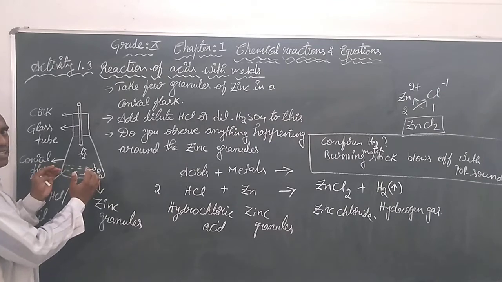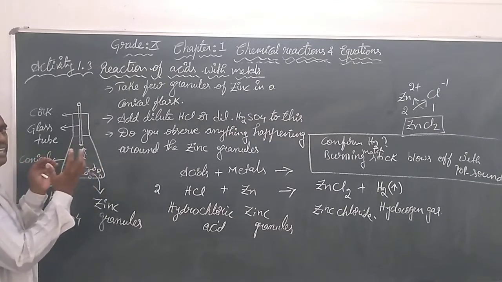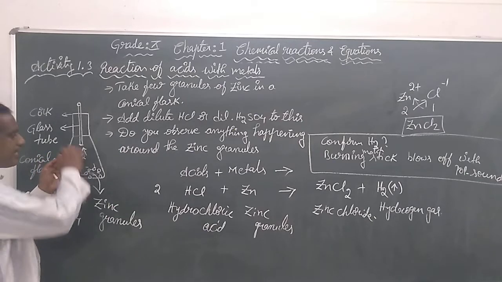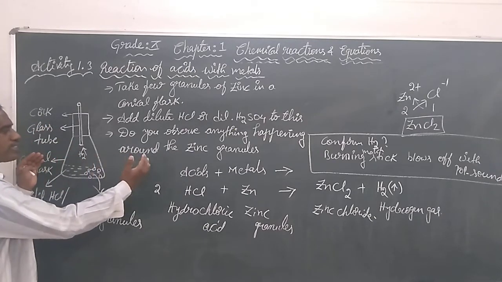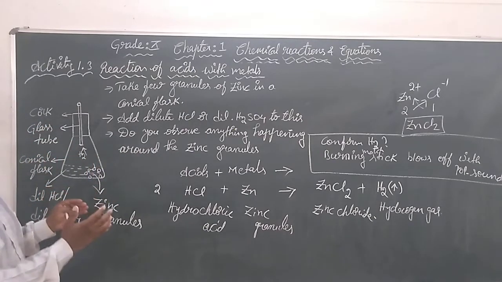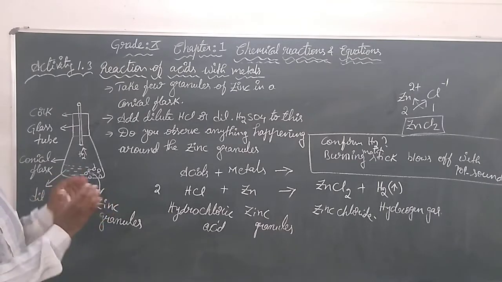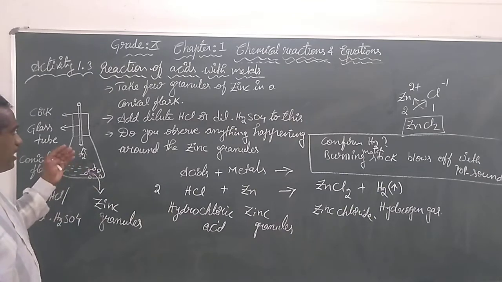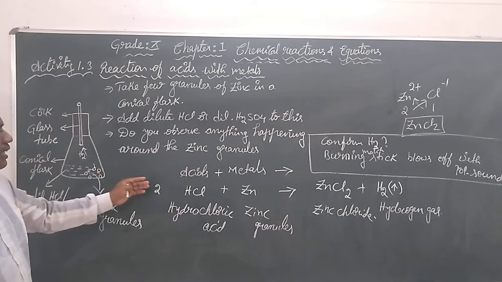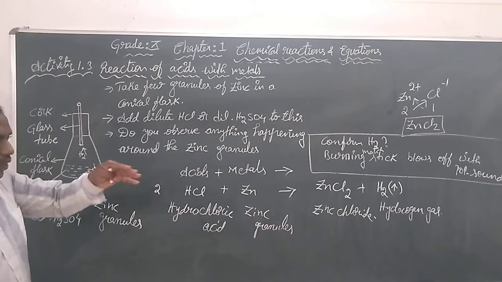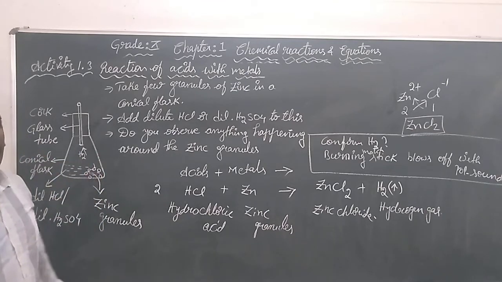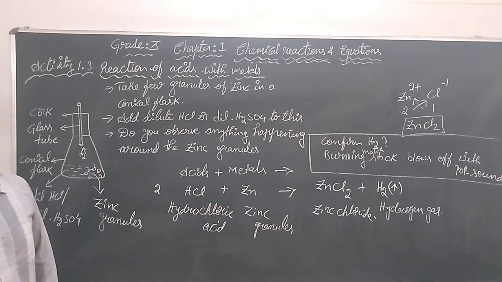Your hand will feel a little warm, because the reactants are releasing heat outward, as the reaction is highly exothermic. So let us conclude that when zinc reacts with HCl, it releases hydrogen gas, forms zinc chloride, and it is also an exothermic reaction.